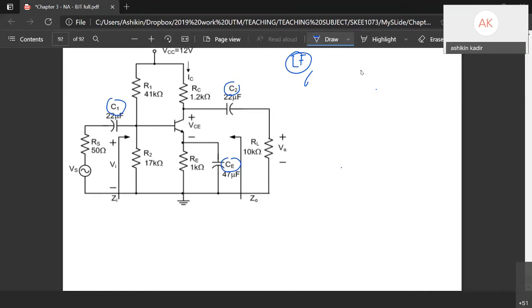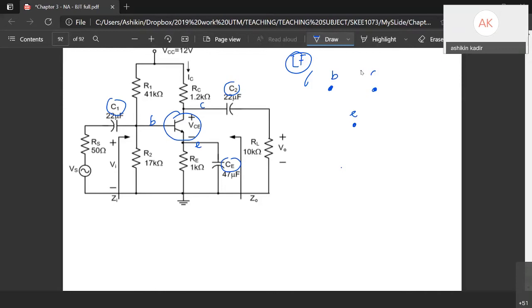So let's draw the BJT as a hybrid pi model. Here the input is at the base, the output is at the collector, and the emitter is over here. So we draw the input and output nodes, and there is another one, the emitter.